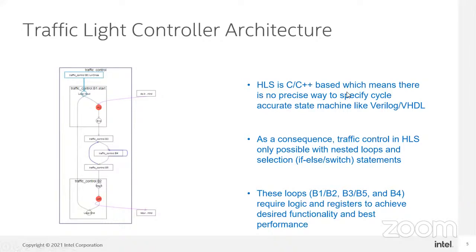Since we don't know how to write the code in terms of specifying the cycle accurate state machine, like what we follow in Verilog or VHDL, the only way to solve the problem is writing more nested loops. So as a consequence, traffic control in high-level synthesis is only possible with the nested loops and the selection of if-else statements.